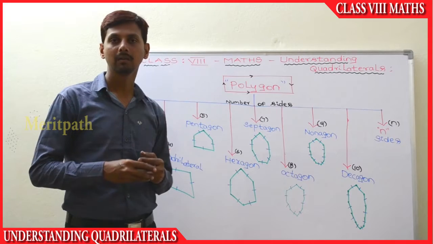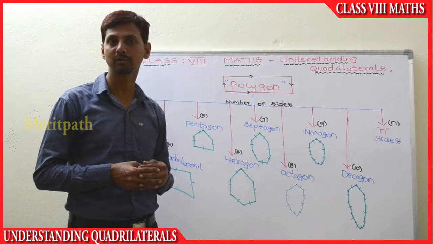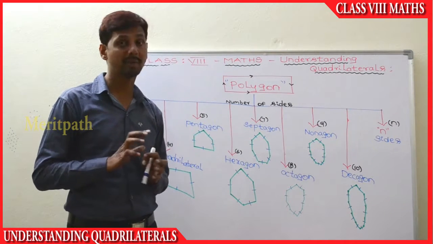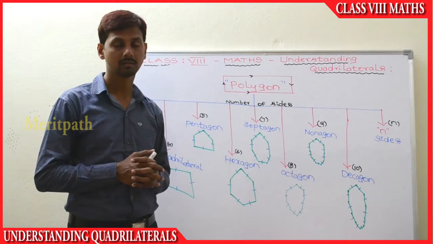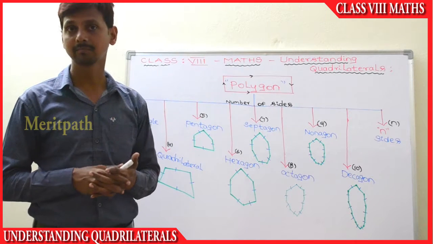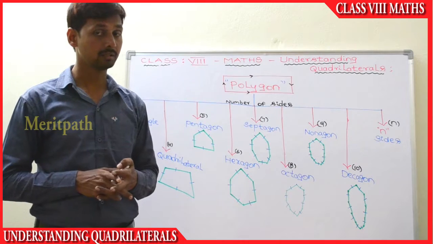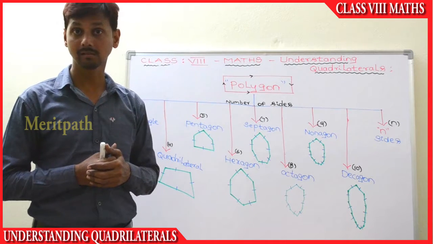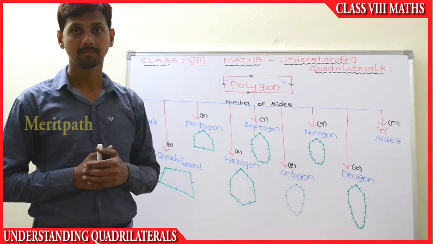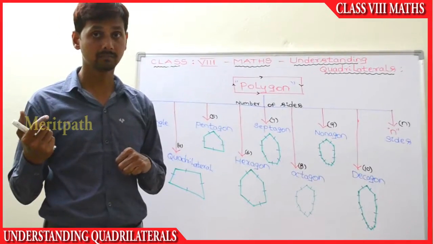A simple closed figure bounded by line segments is called a polygon. Already we have discussed it. So here we have different types of polygons. A polygon can be drawn with 3 line segments, that is called a triangle.